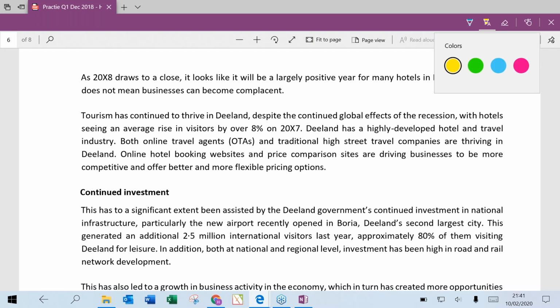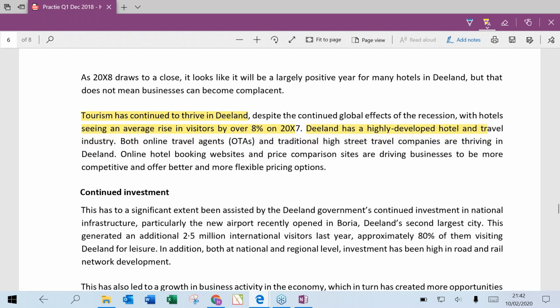Look at the second paragraph. Tourism has continued to thrive in D-Land despite the continued global effects of the recession, with hotels seeing an average rise in visitors by over 8% in 2017. That's good. Tourism is thriving. D-Land has a highly developed hotel and travel industry.